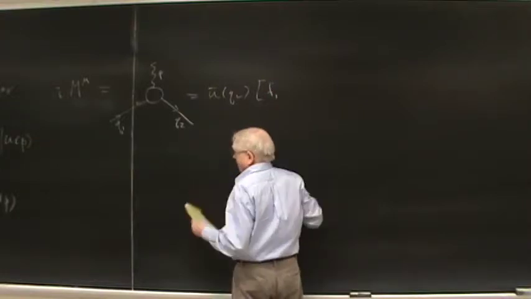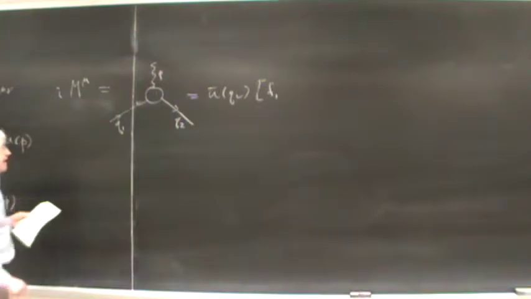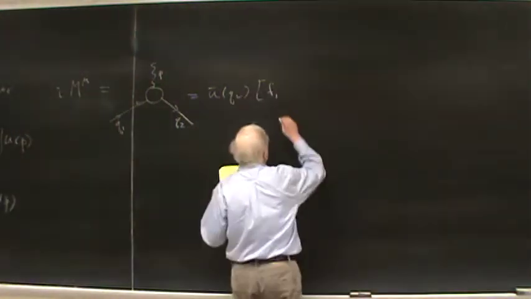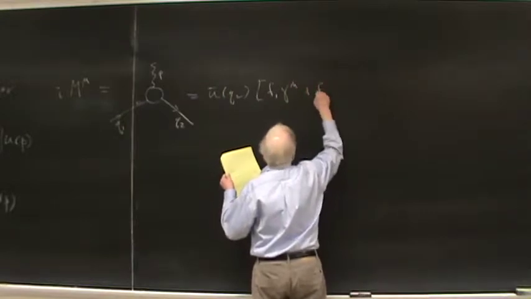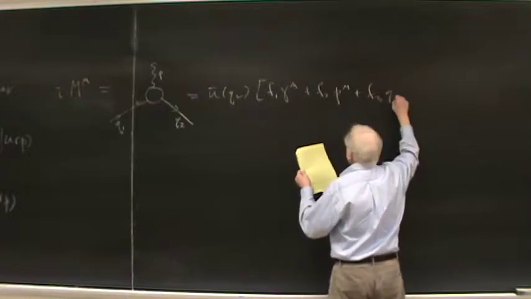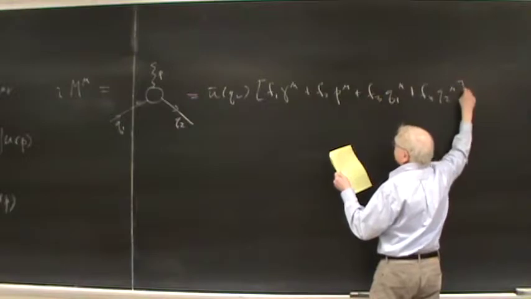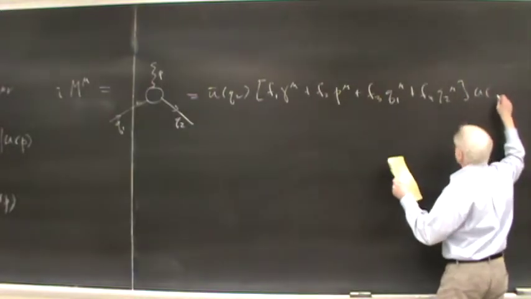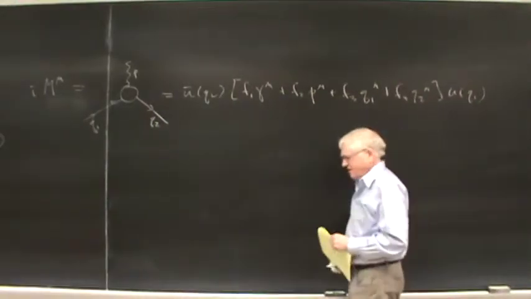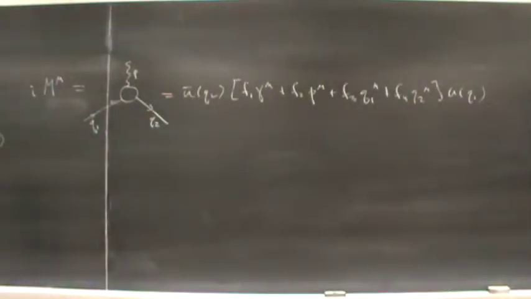And what is it going to be? Well, we're going to write down all of the Lorentz vectors that we can think of. And so that's F1 γ^μ plus F2 p^μ plus F3 q1^μ plus F4 q2^μ, sandwiched with u(q1). So I'm using q2 and q1, which are the indices Schwartz used.